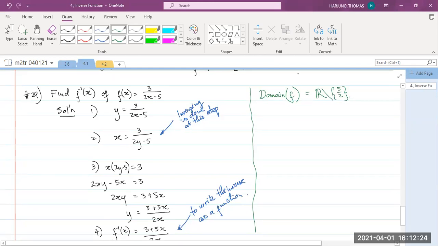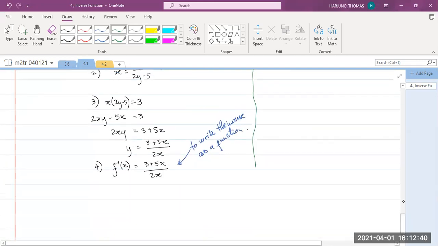Now, notice that this domain of the function is equal to the range of the inverse function. If you sketch this graph here, the vertical asymptote is x equals 0. Horizontal asymptote is y equals 5/2.